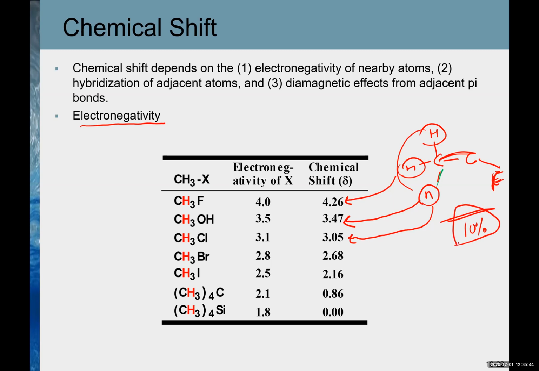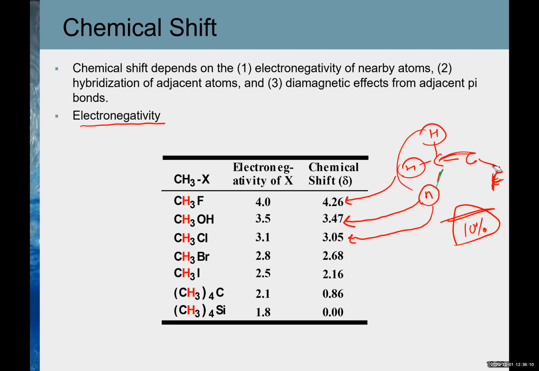It's not that great. After three carbons, the electronegativity of the nearby element has zero effect. If it's more than three carbons away, it doesn't affect at all. So to give this trend, the element has to be directly connected to the carbon where the protons are connected.